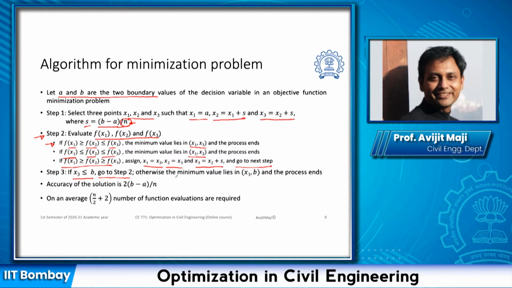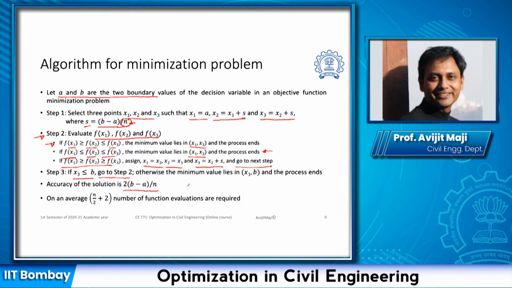Now in this case, as I was indicating, the accuracy is twice the step size, because we are reporting two values which are twice the step size apart, except in one case, where it is only one step size apart. So the accuracy can generally be indicated by 2 times (b minus a) divided by n.